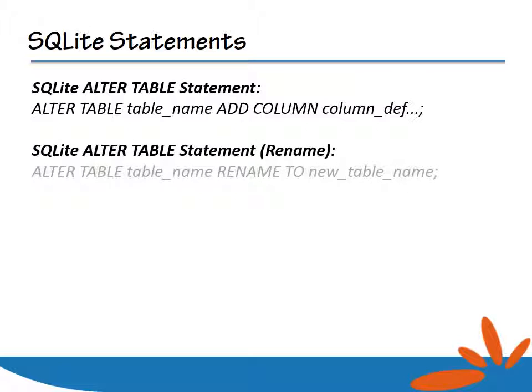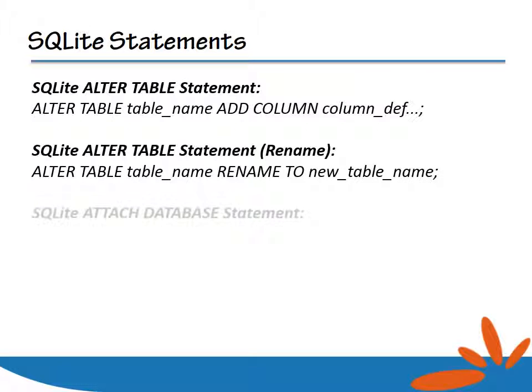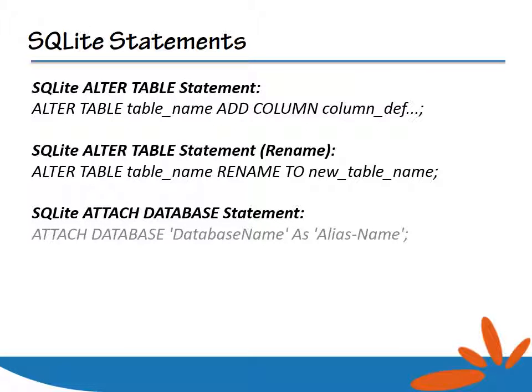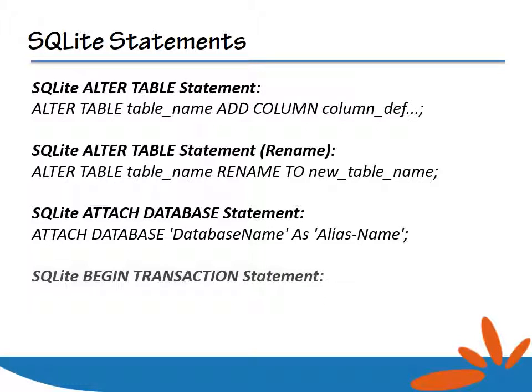The next one is the SQLite alter table statement, or we can consider this as a rename. We can use this by using this particular code: alter table, specify the table, rename to, the new table name that you want to rename our previous table name to.